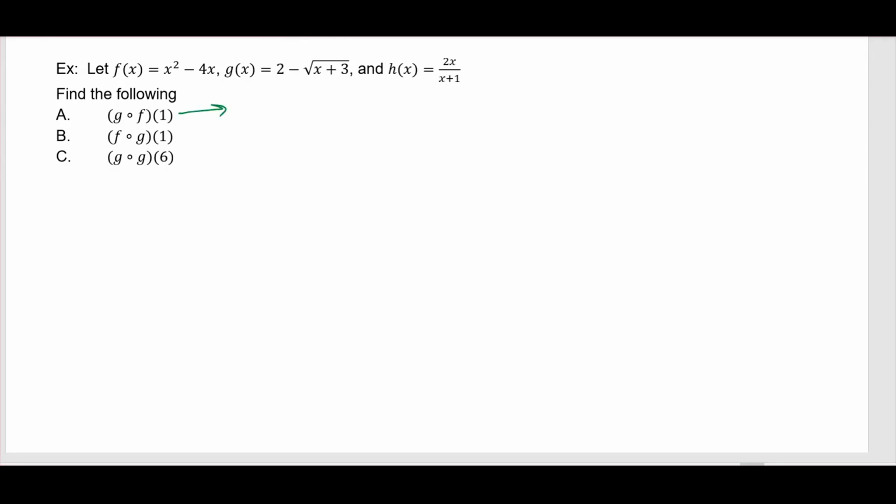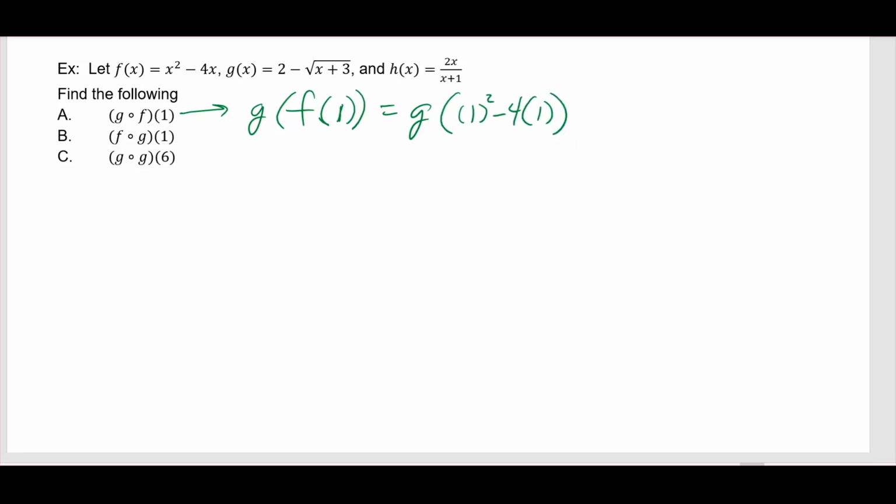So we can do the same thing with this. If I want g of f of 1, I want the function g evaluated where the input is f of 1. So this is g, and then I can put f of 1 inside that parentheses. For f of 1, I put 1 wherever I see x in the function f.